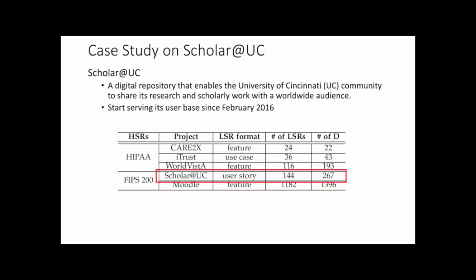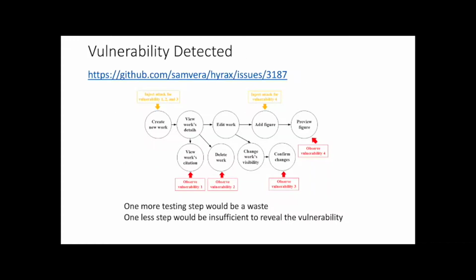Therefore, we did a case study based on one project, Scholar at UC, and we successfully detected 4 vulnerabilities. We reported all 4 to the original developers. They confirmed they are true vulnerabilities, and they started to address them in GitHub issues.